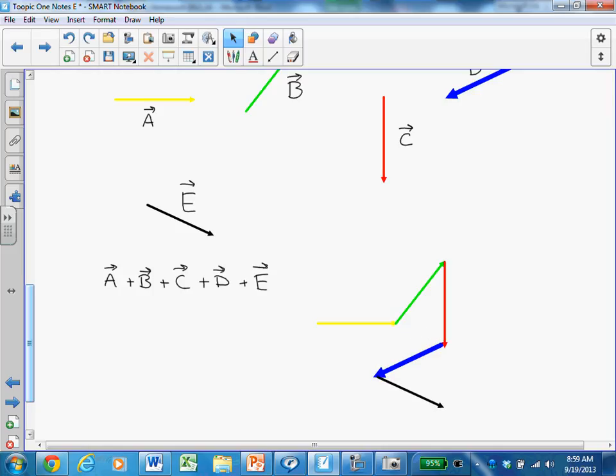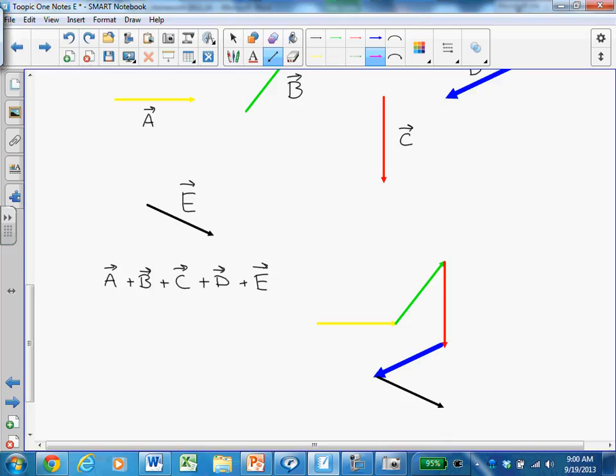Okay, now here's the big one. Annika is going to draw the resultant. Let's make the resultant pink, okay? Start, or draw it, yeah.